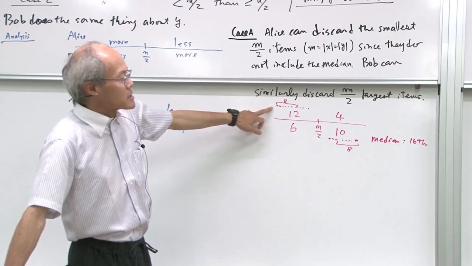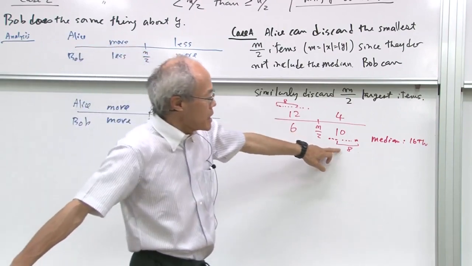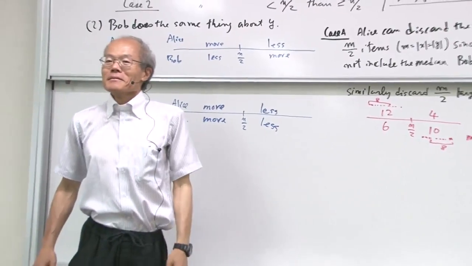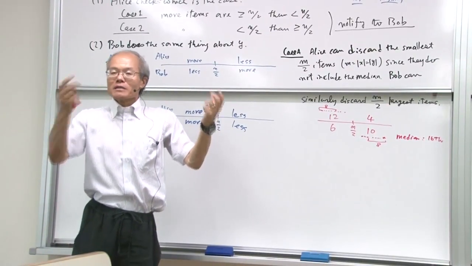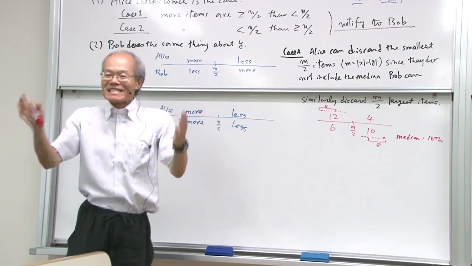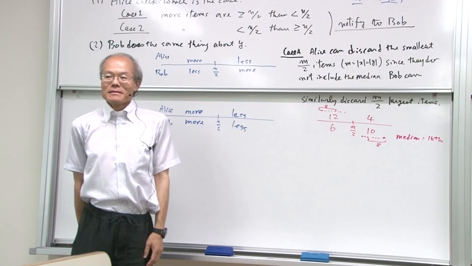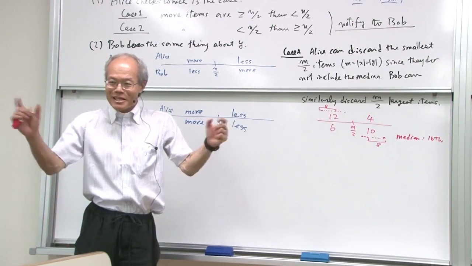And for the same reason, Bob can discard these 8 numbers. Importantly, discarding those 8 numbers on Alice's side and Bob's side does not change the median.